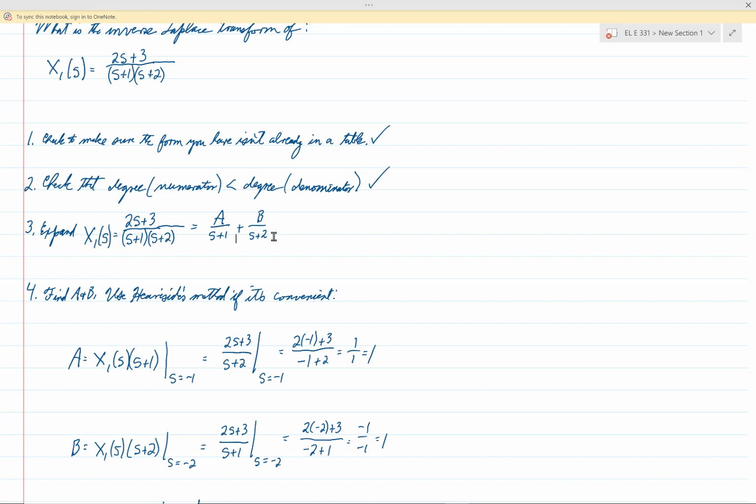That's one equation in the two unknowns. Now, if we pick another value of s, we'll get another equation in the two unknowns. Then we'd have two equations and two unknowns, and we could find A and B that way. That would be a little bit faster, I think in most cases, than finding a common denominator and then equating the numerators.